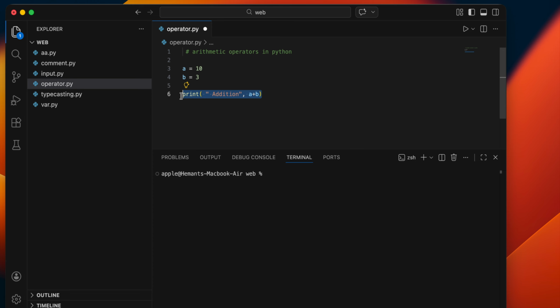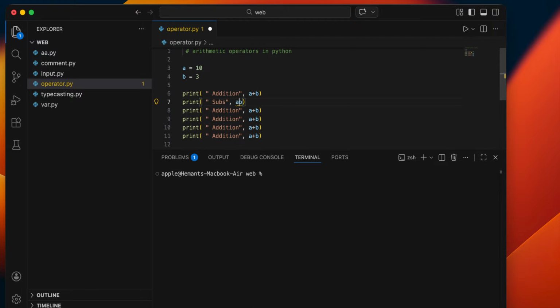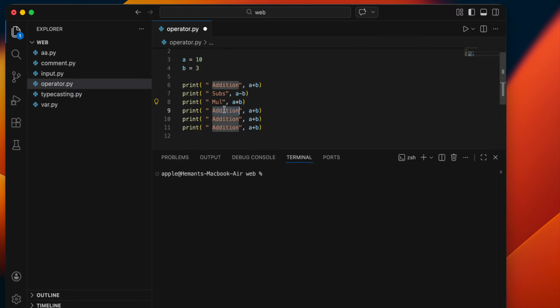Similarly, let's copy this and do it for multiplication, addition, then we come to subtraction, a minus b. Similarly, this is multiplication. Next, what we do? Division.